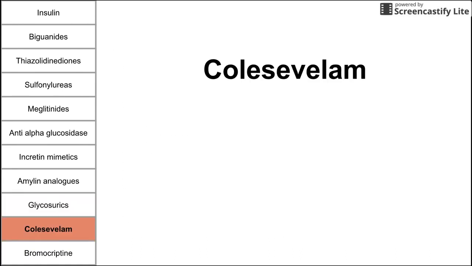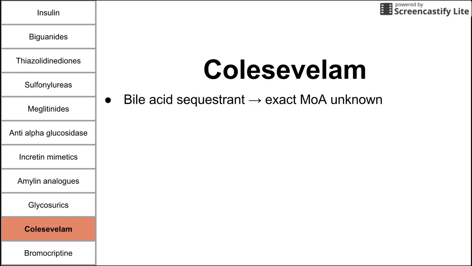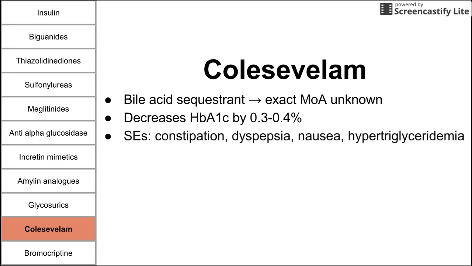Next is a drug that's not primarily used for diabetes, but it is approved for use in diabetes mellitus. This is colesevelam. It's a bile acid sequestrant, and its exact mechanism is unknown. It decreases HbA1c by a very modest amount, 0.3 to 0.4%, so not the best on this list at all. Some side effects for this drug are constipation, dyspepsia, nausea, and hypertriglyceridemia.